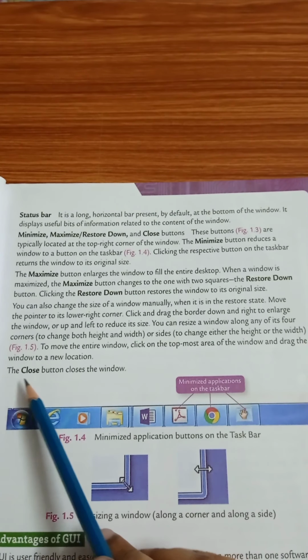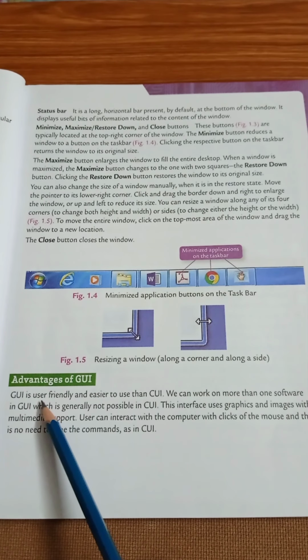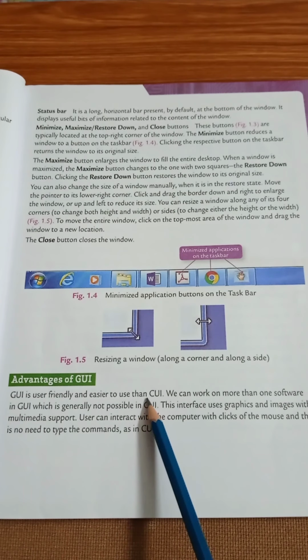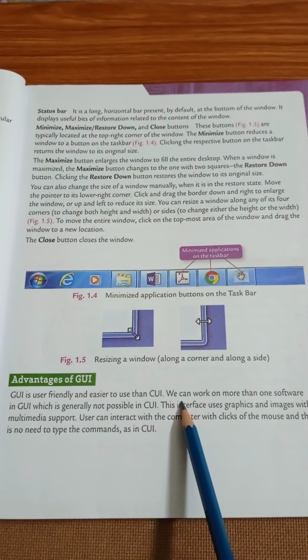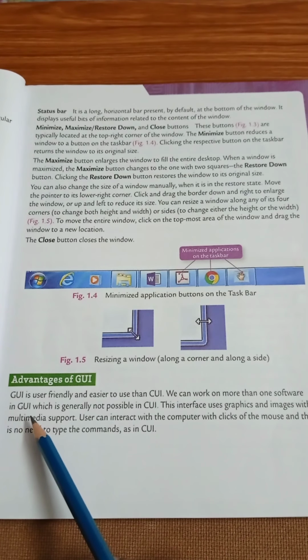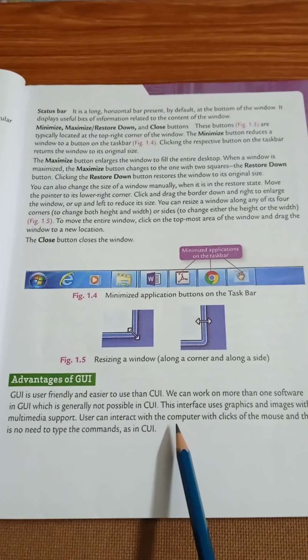Next are the advantages of GUI. GUI is user friendly and easier to use than CUI. We can work on more than one software in GUI, which is generally not possible in CUI.